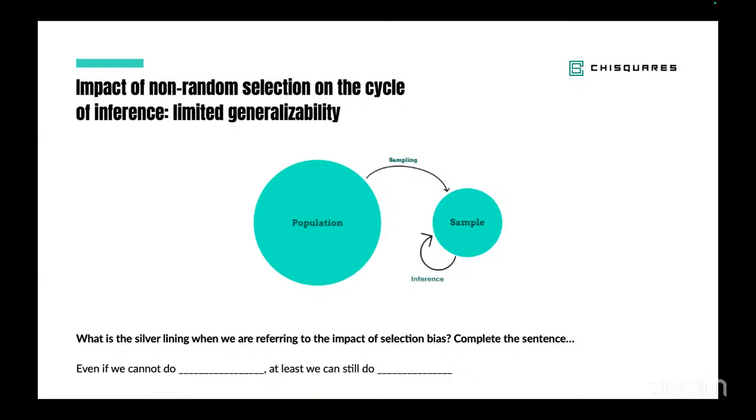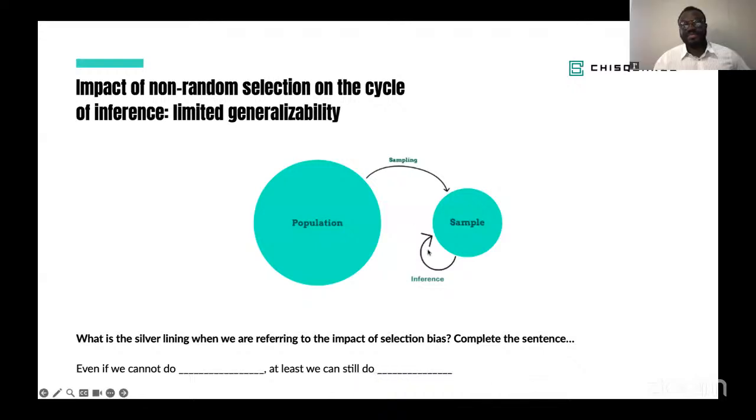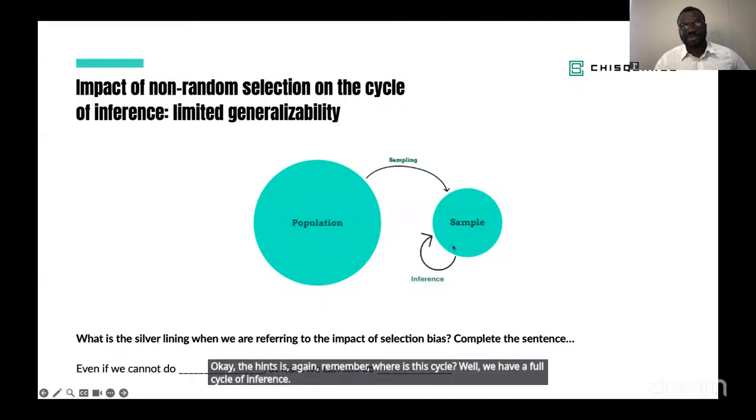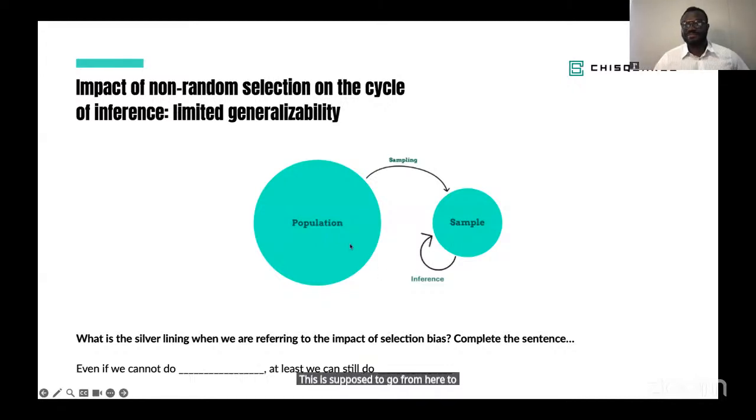You can raise your hand. Okay, the hint is, again, remember, where is this cycle when we have a full cycle of inference? This is supposed to go from here to here, right? That's the hint.